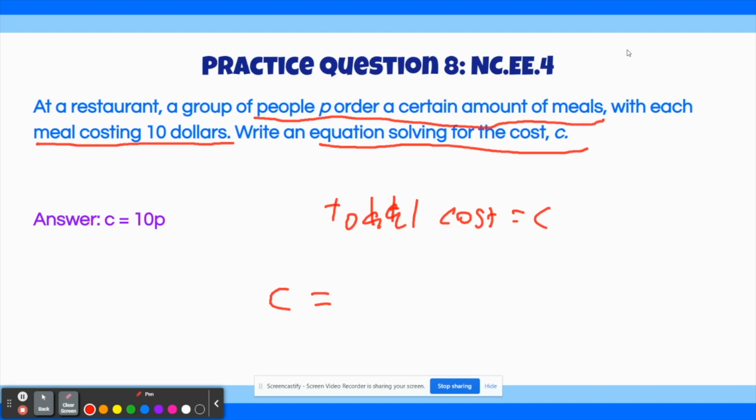So the cost depends on the amount of people, and if each meal costs $10, then C would have to equal 10P, because P is the number of people, and if each person orders one meal and each meal costs $10, it would come down to the cost as multiplying 10 with the amount of people. So our final answer is going to be C equals 10P.